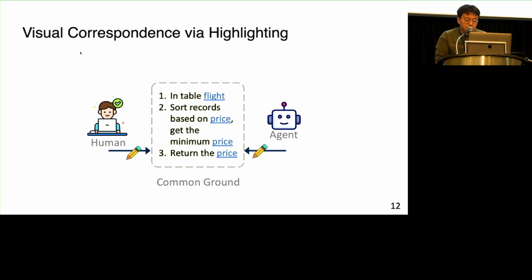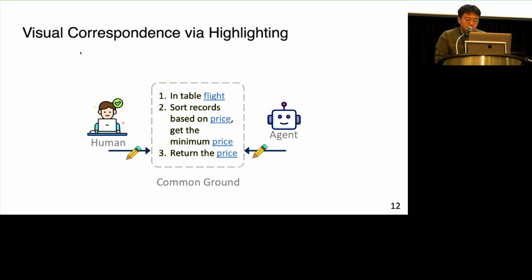In practice, we found users may still be confused about the step-by-step natural language explanations due to some naming conventions in databases. For example, a column name could be an abbreviation, which doesn't make sense to end users. To address this issue, we enrich the textual explanation with a visual correspondence feature.